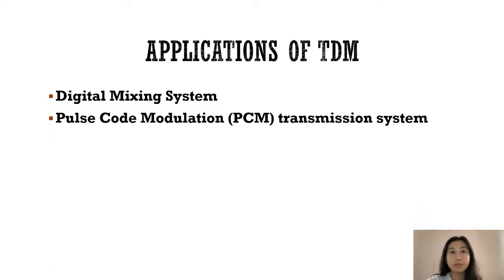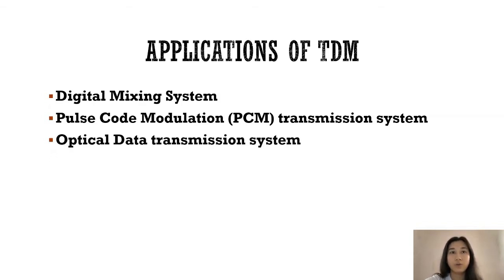TDM is also applied to pulse code modulation transmission system, or PCM. A pulse code modulation is a method that is used to convert an analog signal into a digital signal so that a modified analog signal can be transmitted through digital communication network.